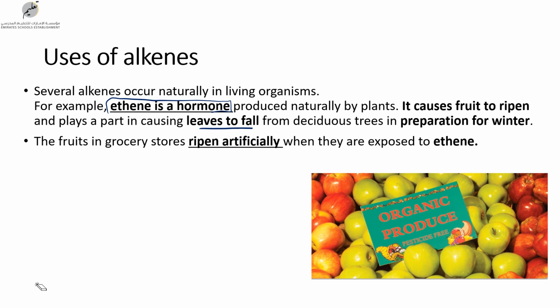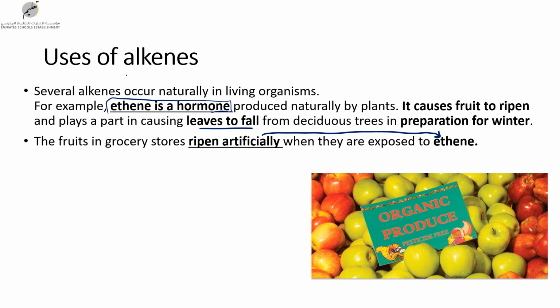You know, sometimes when you go to the supermarket, you'll find raw avocados, raw apples. They are not ripened, they are not fresh. But if you use artificial ethene, they will become ripened.